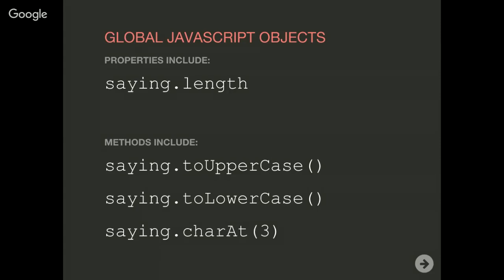When you use a string in JavaScript, you can convert your input to all uppercase or all lowercase, or get the character at a specific location in your string. So the browser object and its methods and properties, the document object and its methods and properties, and the JavaScript global objects with their methods and properties: these are three available to us that we can incorporate in our code.